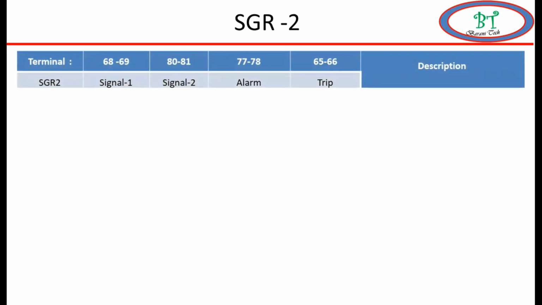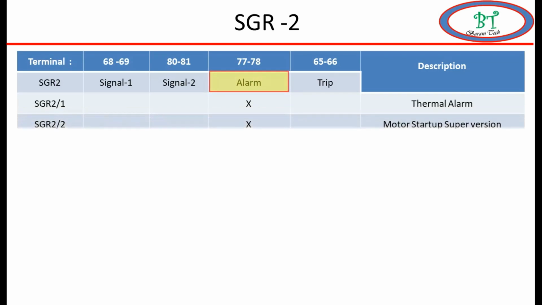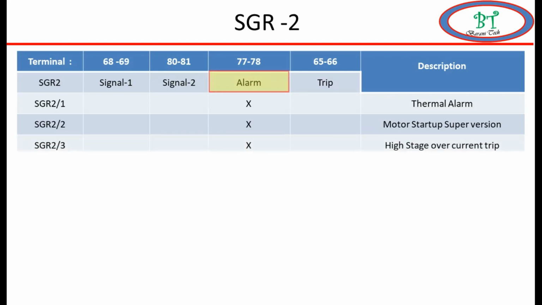When SGR2/1 we keep 1, then the thermal pre-alarm is configured to protection alarm 77 and 78. When we keep SGR2/2 as 1, then the motor startup protection is configured to alarm. Next, when we configure SGR2/3 as 1, then the high set overcurrent is programmed to protection alarm.